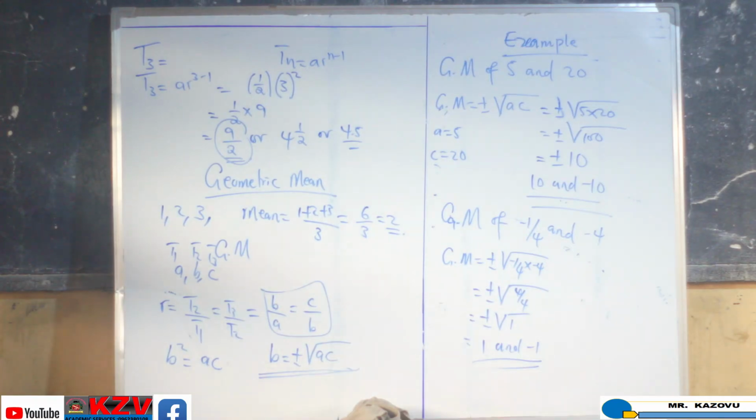When we add them, that's a sum. If they say, can you add the first 10 terms? The answer that you get here, that's a sum. Sum means addition. Sum means the answer that you get after adding. Okay?